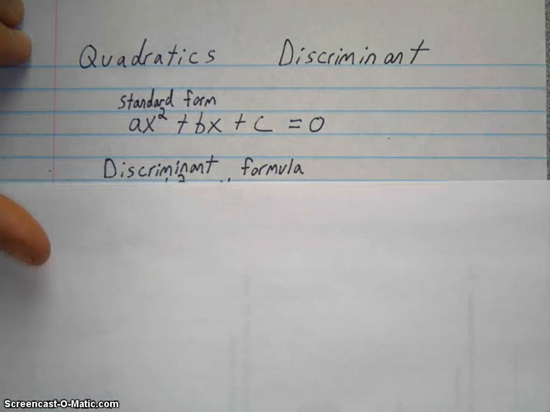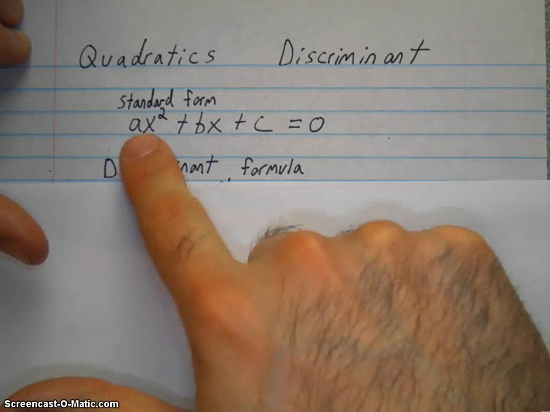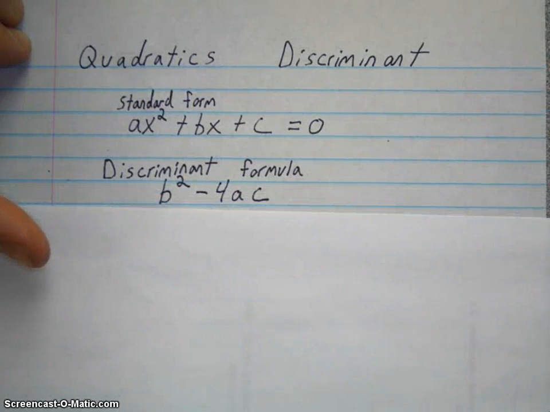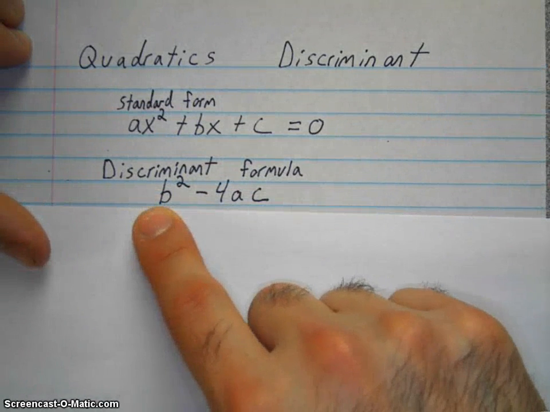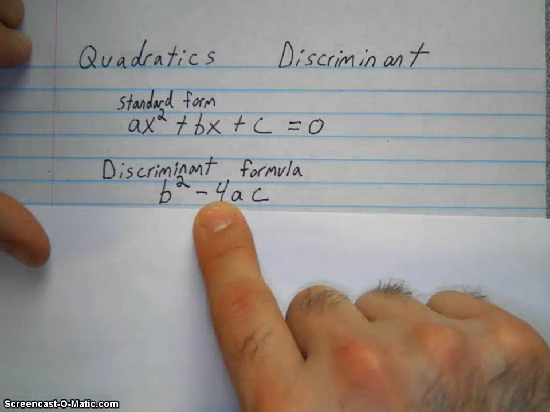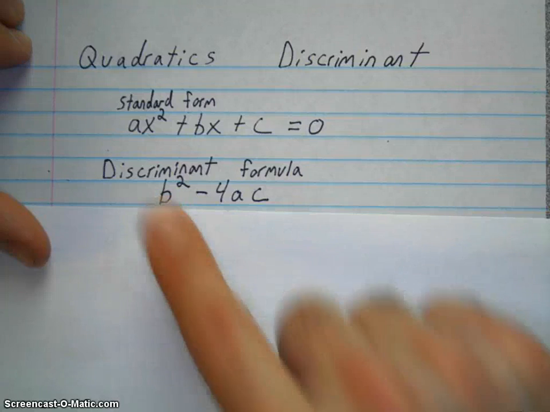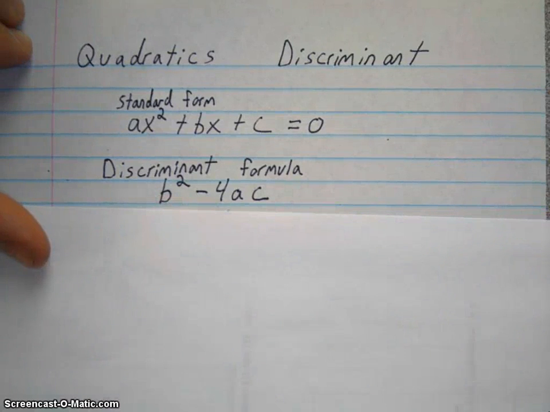This is especially important when trying to use the discriminant formula. So once your quadratic is set equal to 0, we can use this formula, b squared minus 4 times a times c, to find the discriminant, or the number of possible real solutions.